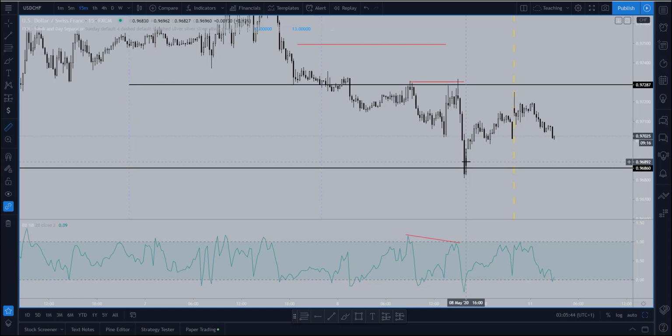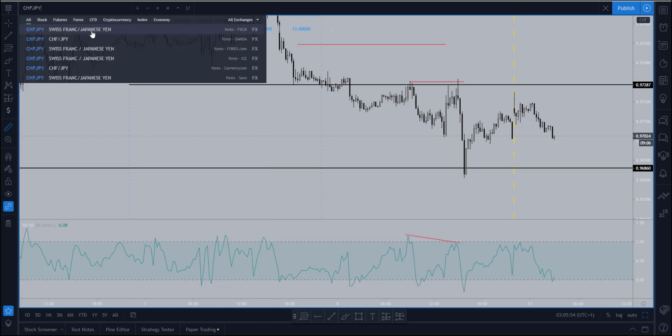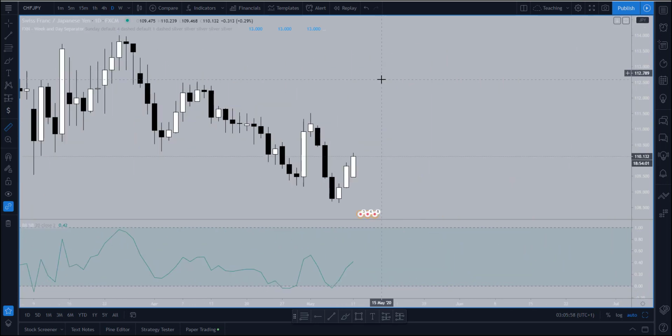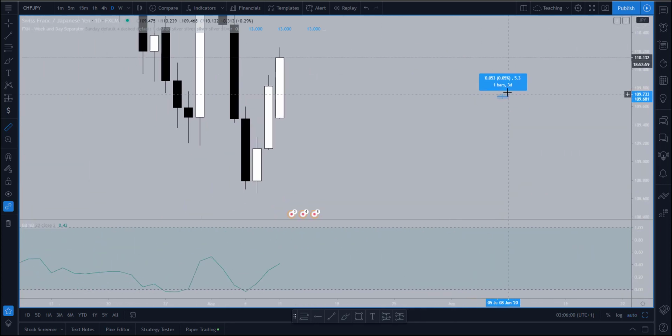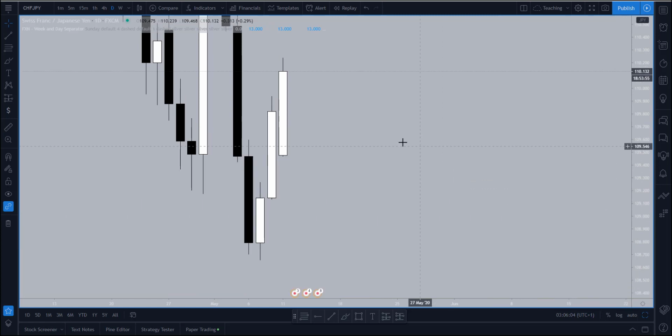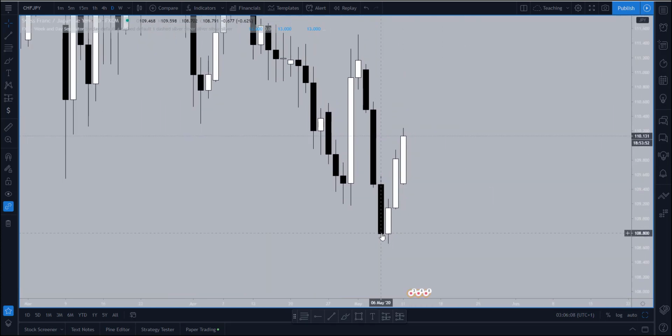Let's look at another example that I did. Again, this time it was a long. Let's go back to daily and let's zoom in. Let's get rid of this first. We'll add it back on later. So we had 1, 2, and then 3.